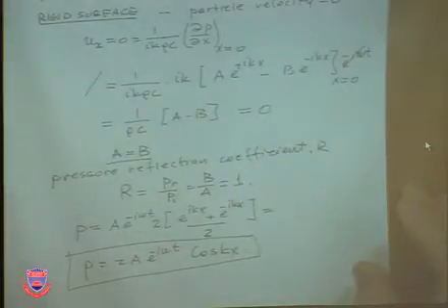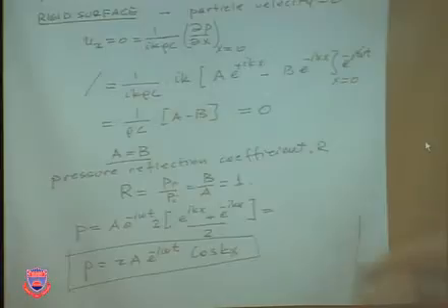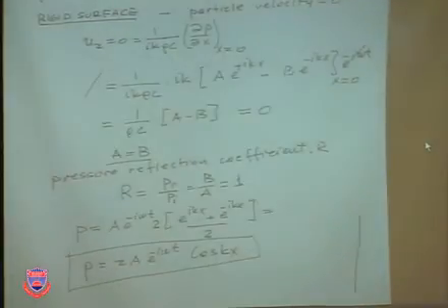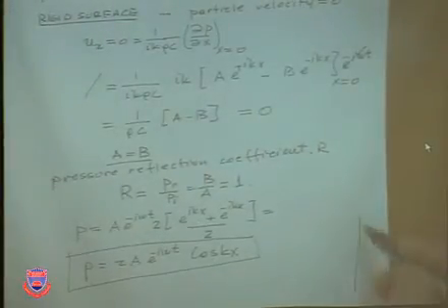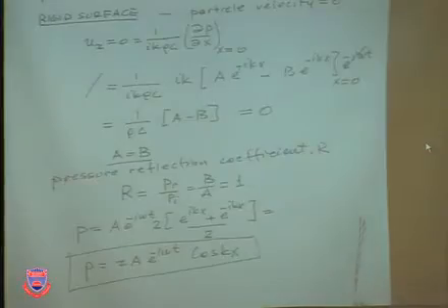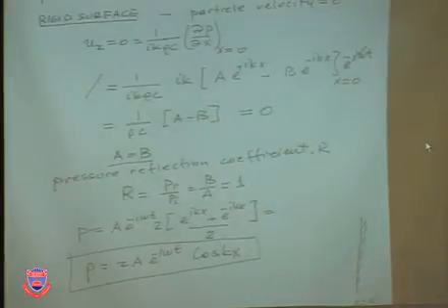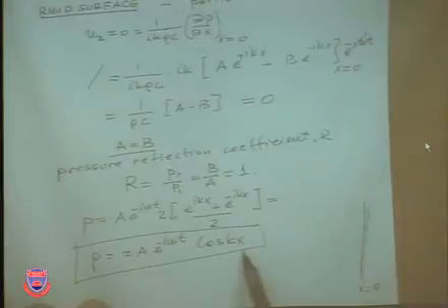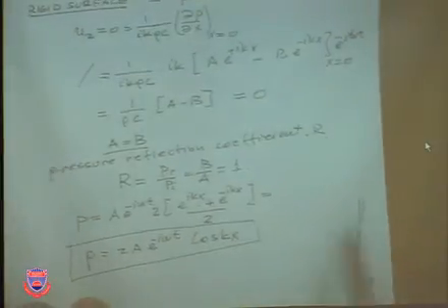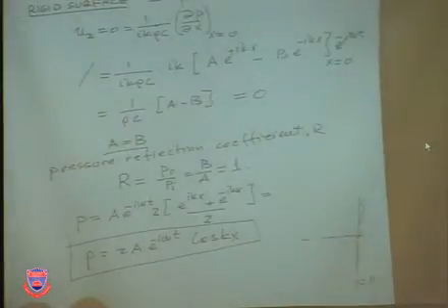What does this tell us? This tells us that if this is x equals 0, the amplitude of the sound wave is twice as much as the amplitude of the incident sound wave.